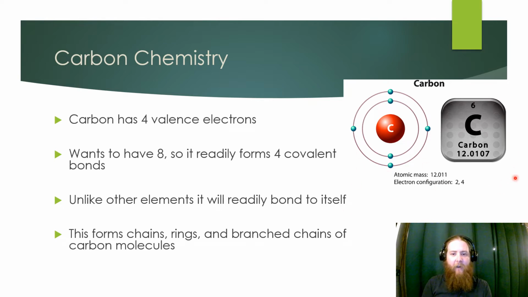And unlike our other elements, it will form long chains with itself. This will form chains, rings, and branched chains of carbon molecules that we'll talk about coming up. Each of these has their own unique chemistry and allows the body to do unique things.